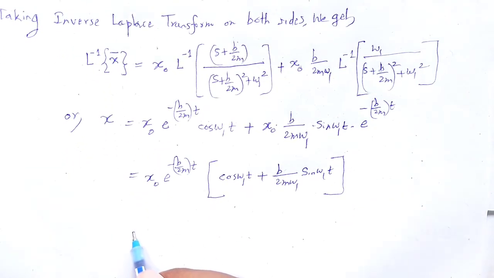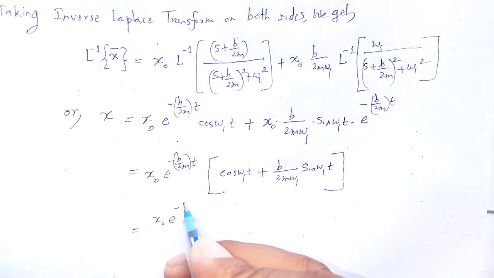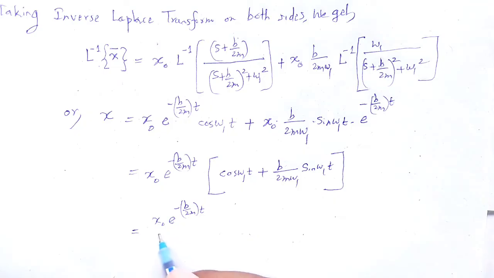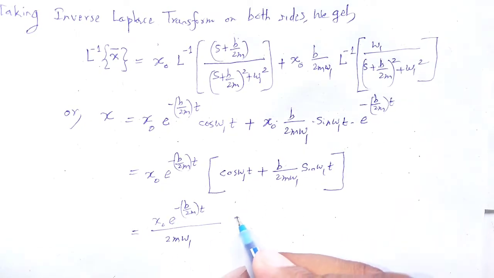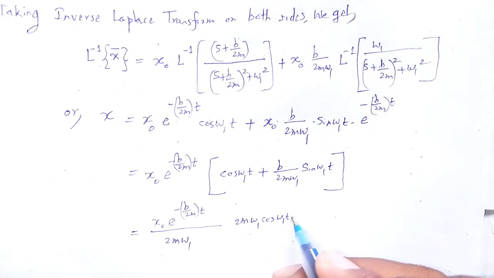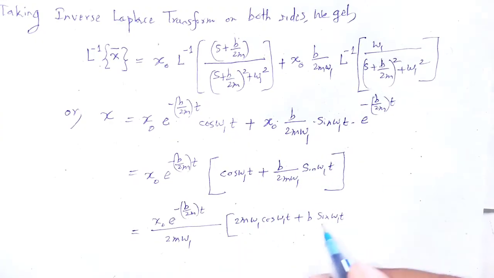Which is equal to x naught e to the power minus b by 2m into t. Here taking the LCM, the term as 2m omega 1, so, 2m omega 1 cos omega 1 t plus b sin omega 1 t.